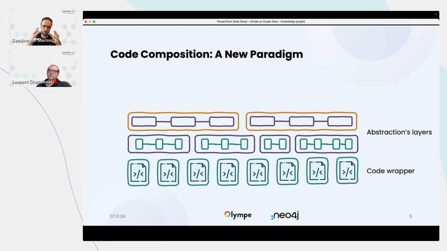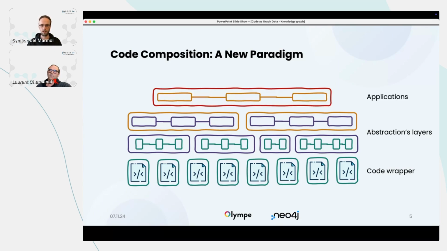So you start from your technical capabilities and you go up and up, closer to your solution, to, at the end, get your applications. So when you have your full data flow defined as a composition of composition of composition, you have your application. It's as simple as that.